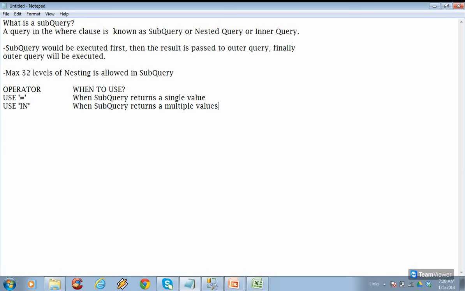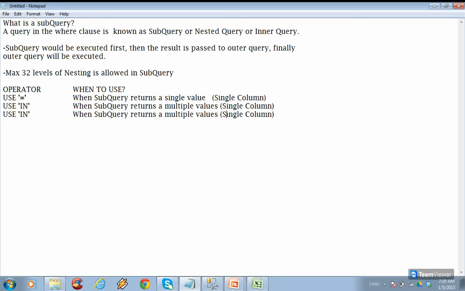Here it is a single column and a single value. Here also a single column, but multiple values. And if the subquery returns multiple columns and multiple values, then that's where you have to use one more operator.